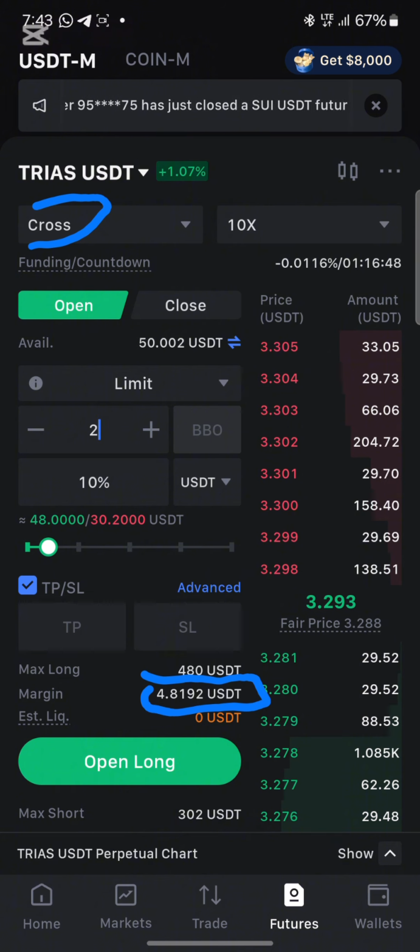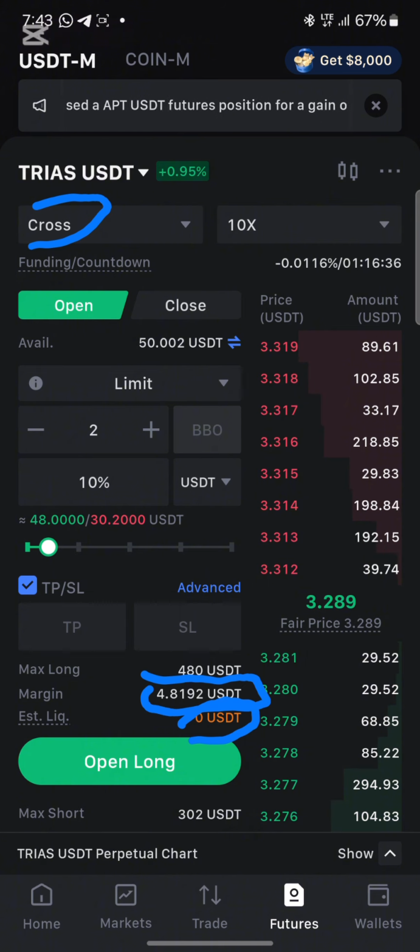Now discover one thing: in isolated margin I had a liquidation of 1 point something dollars, but here I have 0 liquidation price. This is one of the good things about cross margin, and use at least 5 to 10% of your portfolio.